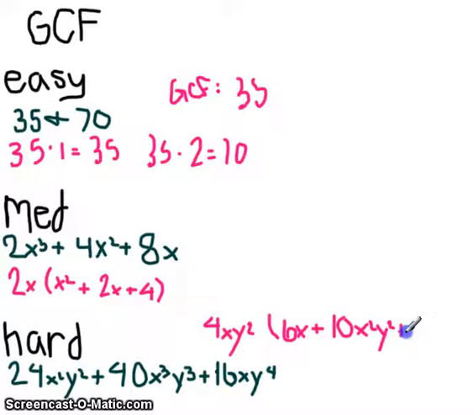And then the last one, we have a 4 left over, and a y squared. Ooh, that's an awful looking 2, but whatever.